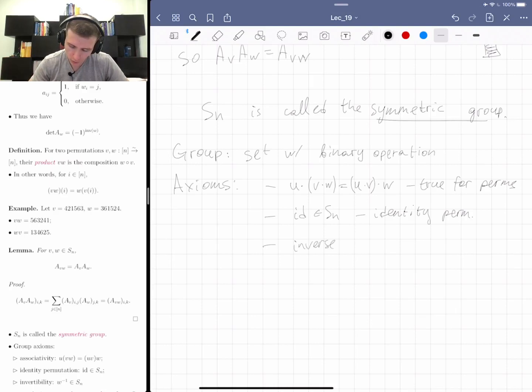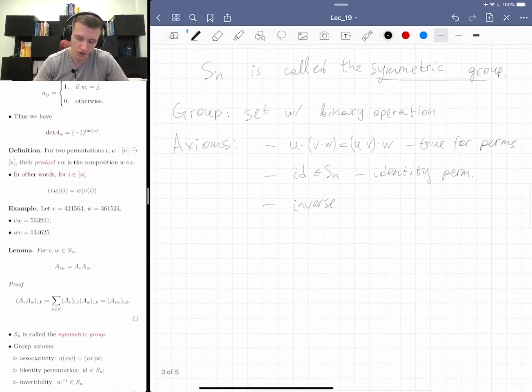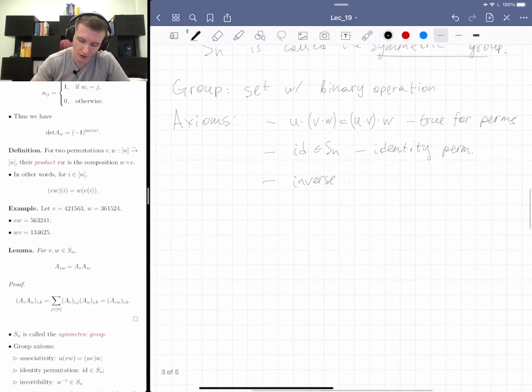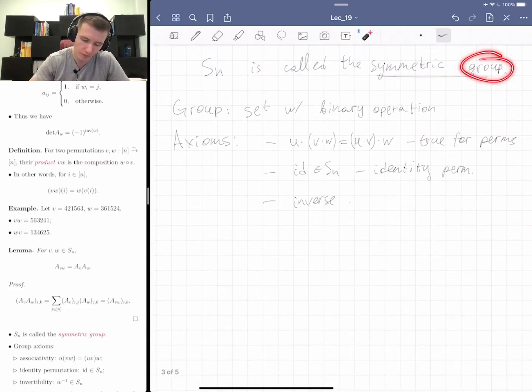Any permutation is a bijection, so if you take the inverse map, that's going to be the inverse with respect to this product I defined here. I'm not sure if it's clear or not, but that's a quick explanation of the word group appearing here.